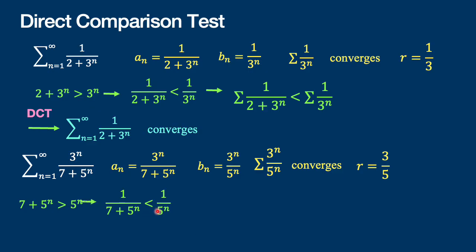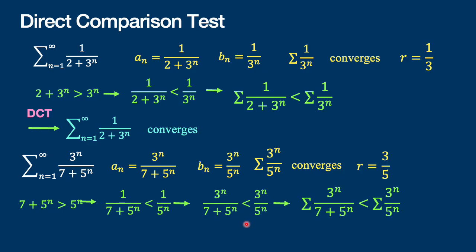Then you take the reciprocal. That's going to be 1 over 7 plus 5^n less than 1 over 5^n. You multiply both sides by 3^n. The inequality does not change, it stays the same. Then you have the infinite series, where the left series is less than the right series.